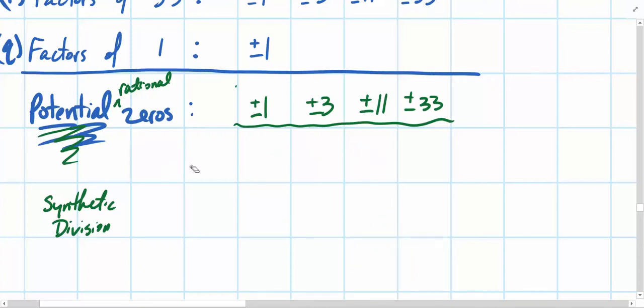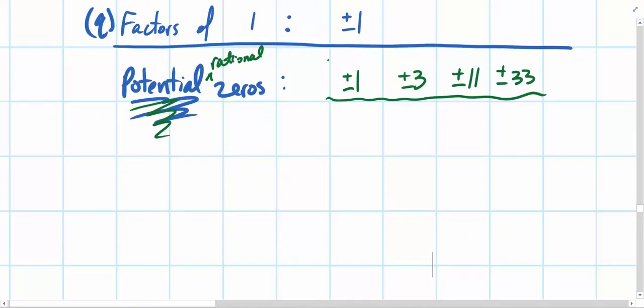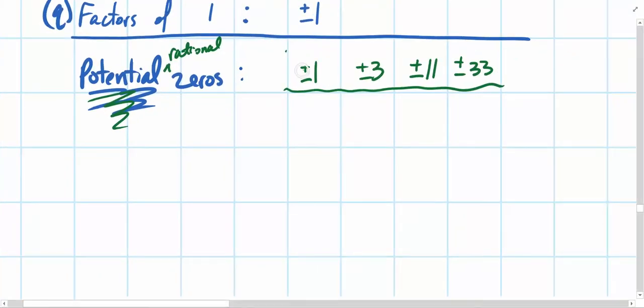But don't forget, there's another way that we can find our zeros now as well, and that's using the remainder theorem. All I need to do is put the factors or potential zeros into the polynomial itself and evaluate the polynomial.